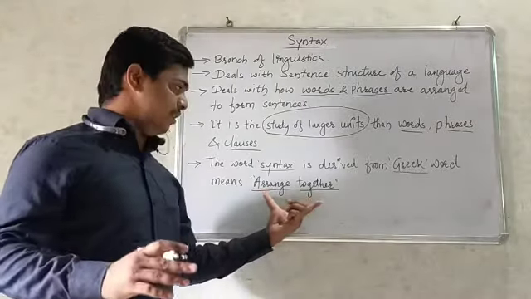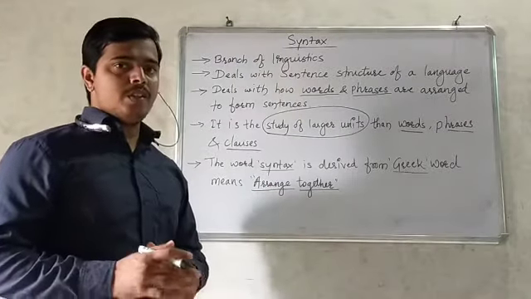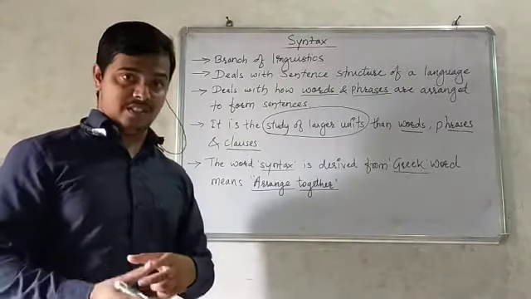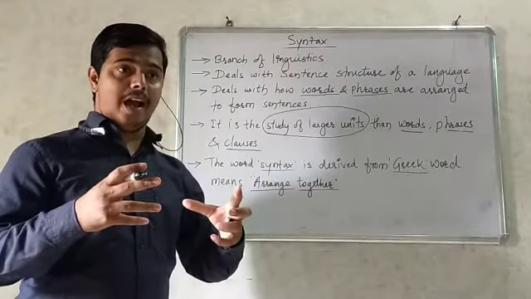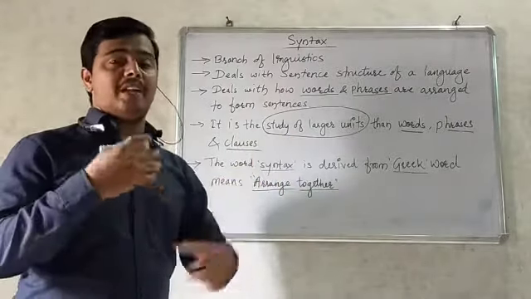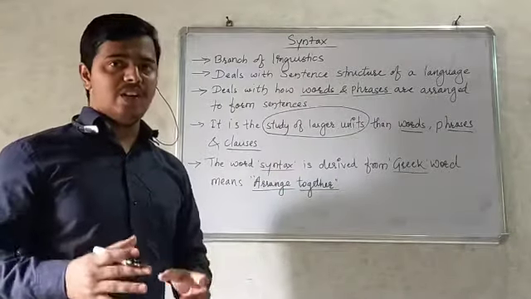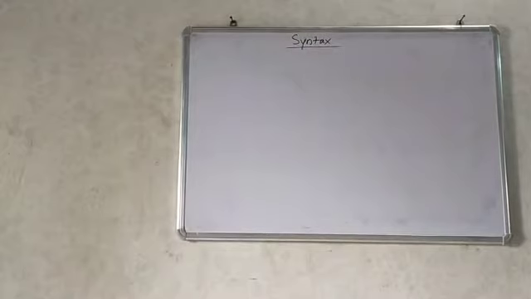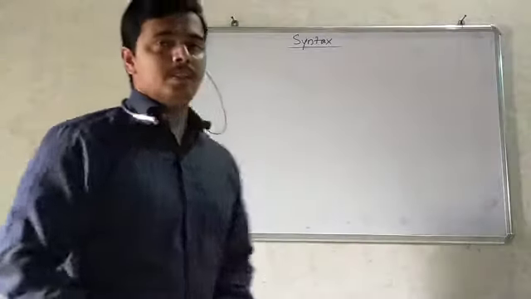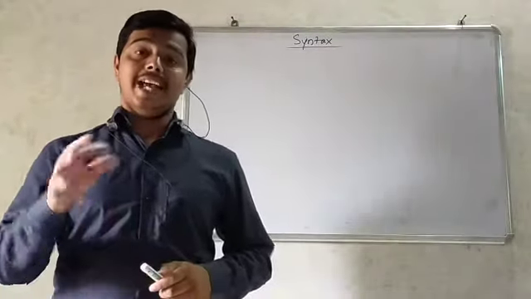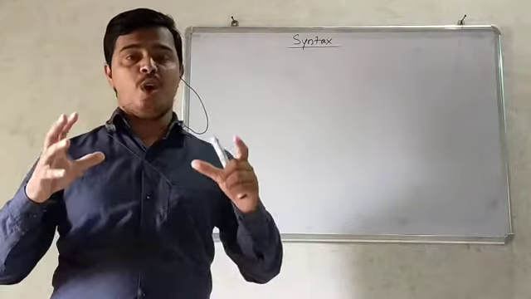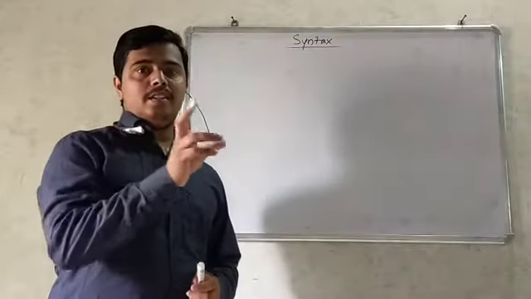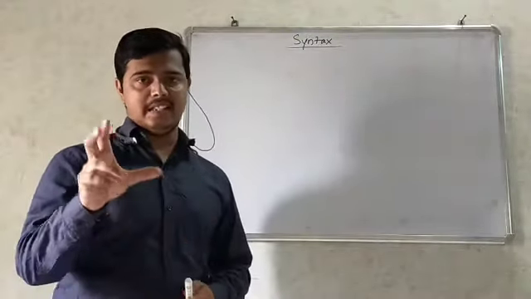It is the study of how words, phrases and clauses come together and are arranged in order to make complete and meaningful sentences. Every language has its own structure of words. In Kannada there is a different structure, and in English there is a different structure.